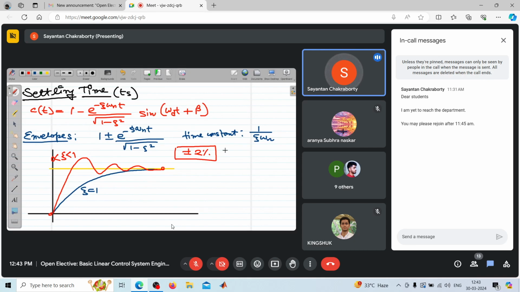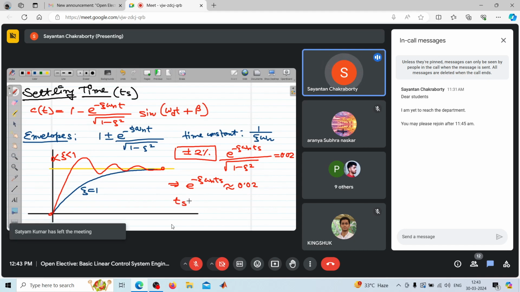In that case, you can say that this envelope, the amplitude of the envelope, should reach the value 0.02, or we can approximate this, so this will lead to a definition of settling time approximately as 4 by zeta omega. This is approximate.